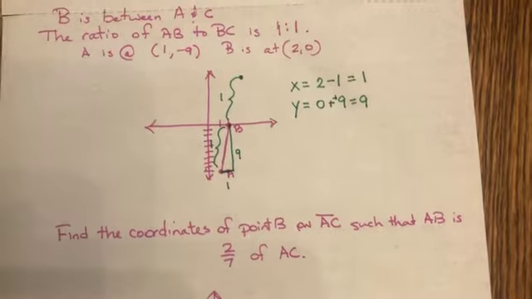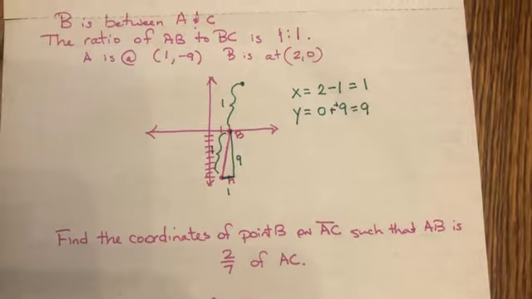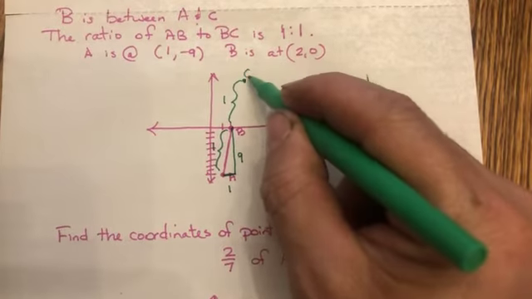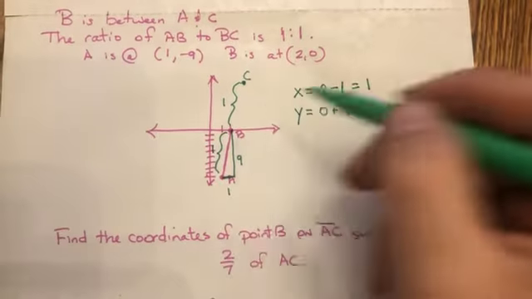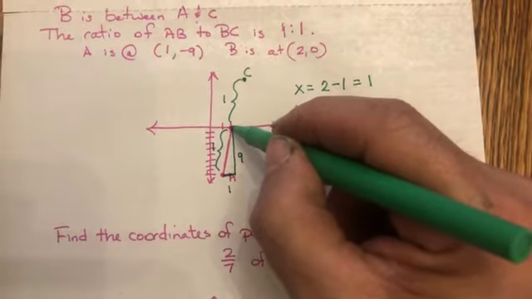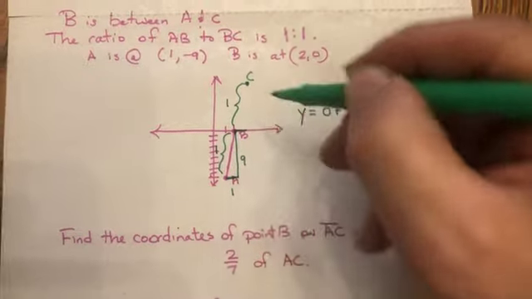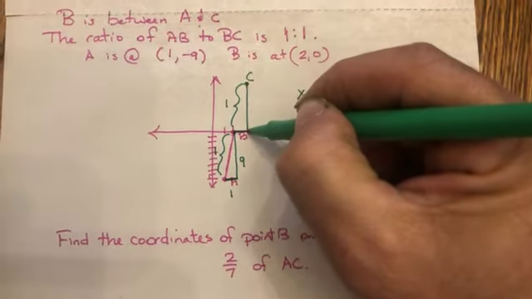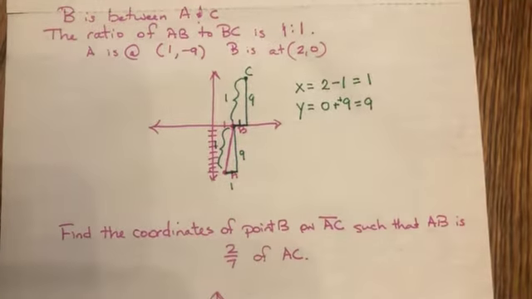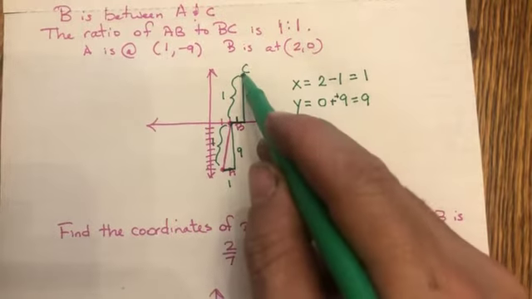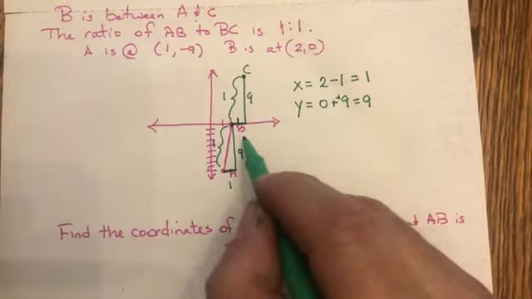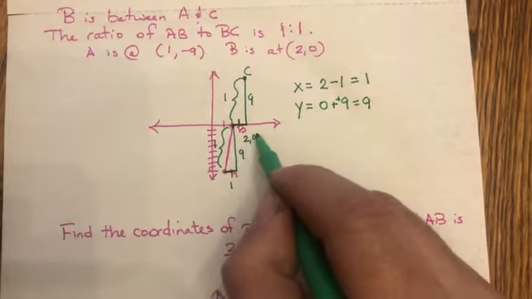Now, the easy part about this one is that it is a 1 to 1 ratio. So when I go to find point C, I'm simply going to repeat the triangle I have on the bottom. It needs to have a ratio of 1 to 9. And then I'm going to use the coordinates for point B to help me figure out where I am now with point C. So point B was at 2, 0.